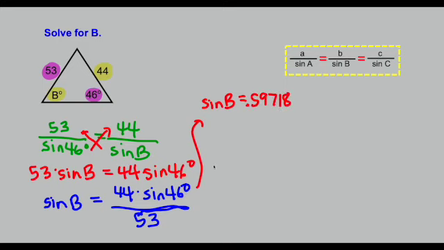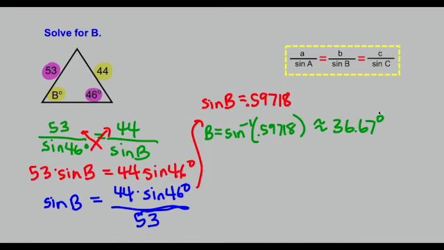And I'll show you in a minute why it's important to go out to 5 places here. Then you're going to do inverse sine. That's how you undo sine, right? So B ends up being sine negative 1 of that decimal, 0.59718. And if done correctly, you should get about 36.67 degrees.